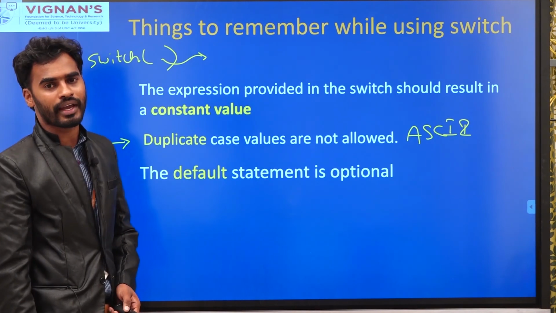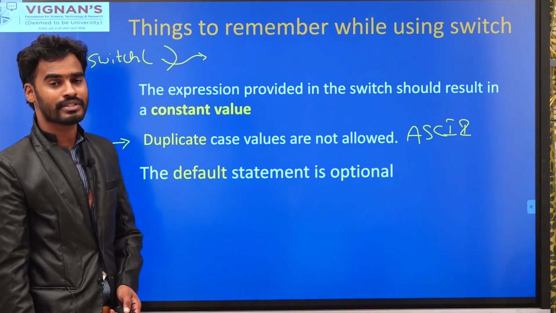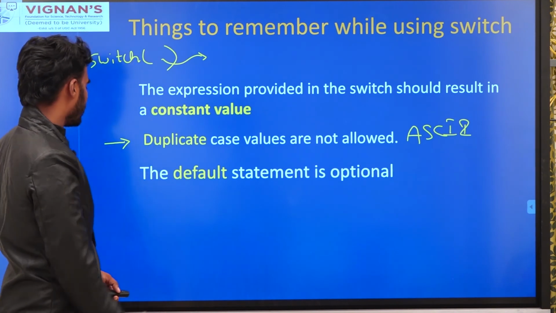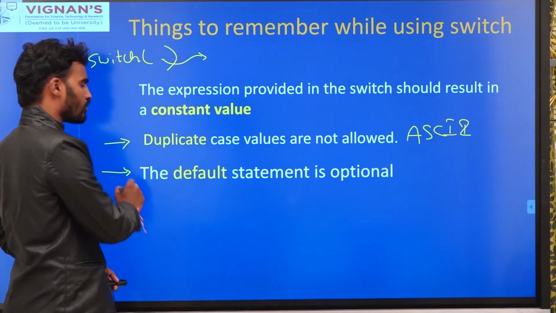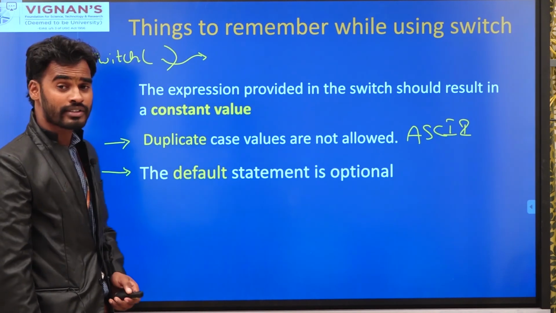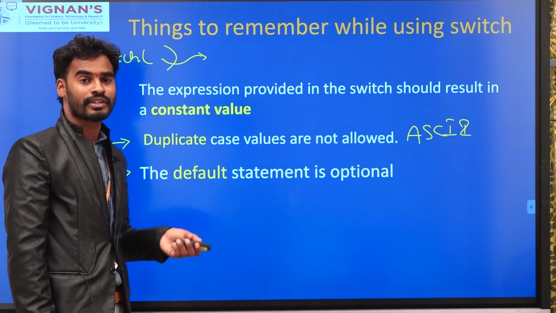There should not be any duplicate labels, otherwise the compiler will be confused about which one to choose. The default statement is not mandatory, it's optional. If you want, you can add it, otherwise you can leave it. The default statement will execute if it does not match any labels.